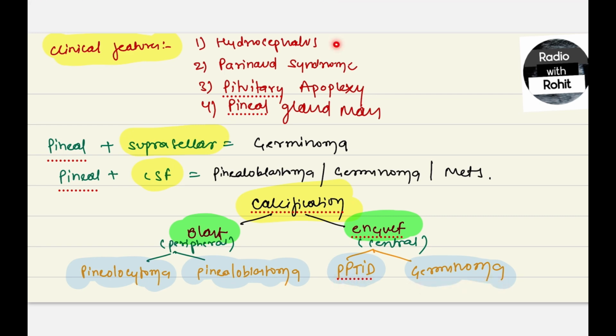So a patient with hydrocephalus, Parinaud syndrome, pituitary apoplexy, and a pineal gland mass with calcification in the periphery could have pineocytoma or pineoblastoma, and with engulfed or central calcification, it could be PPTID or germinoma.